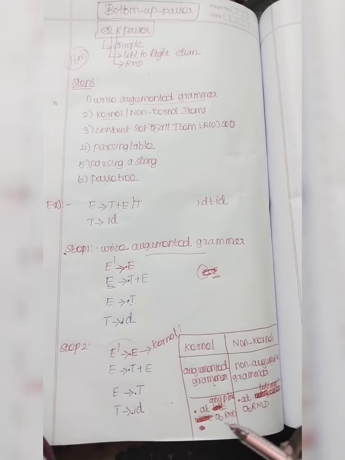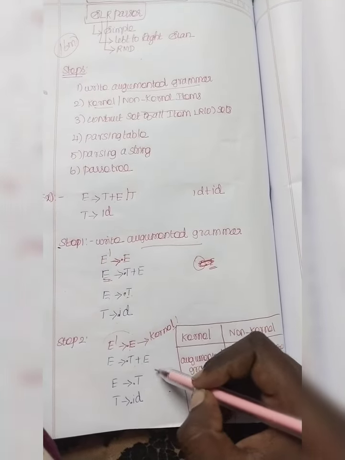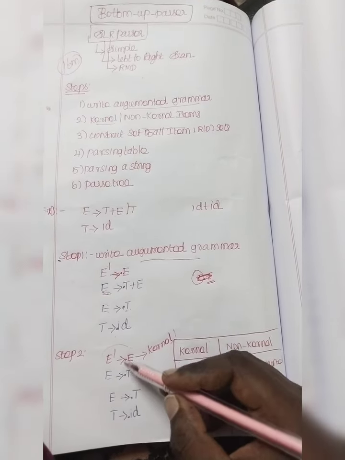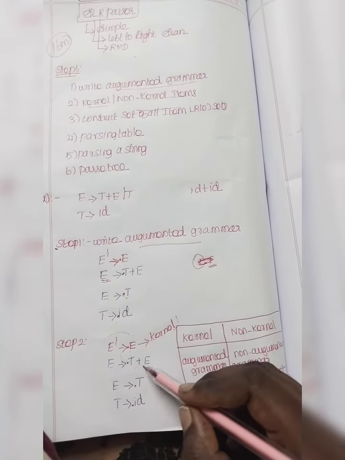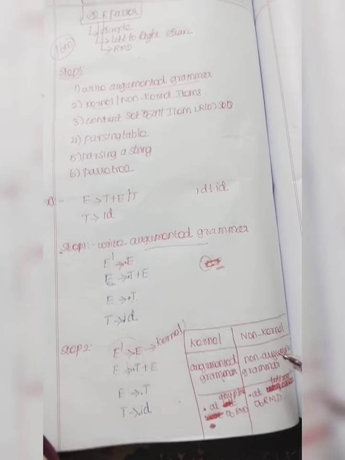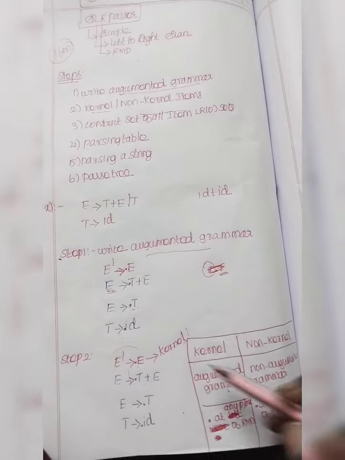And one more point for the kernel: the dot can be at any place of the RMD, here, here, or any place, but not at the leftmost. Then what is a non-kernel item? Dot at the leftmost of the RMD.